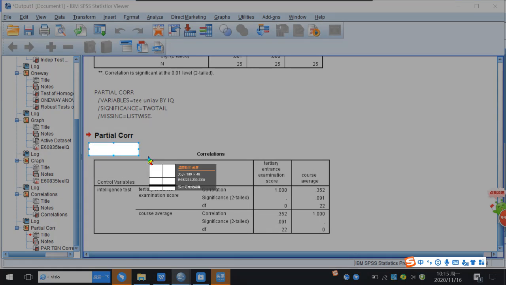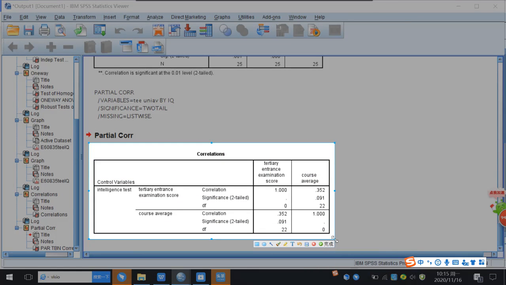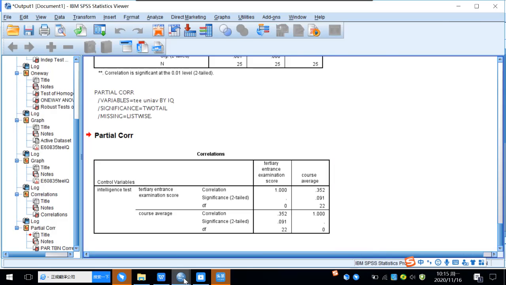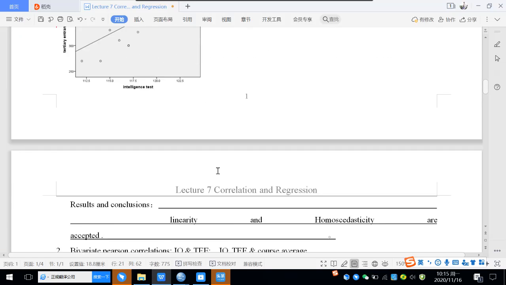Okay, here is the result of the partial correlation. I will paste it.